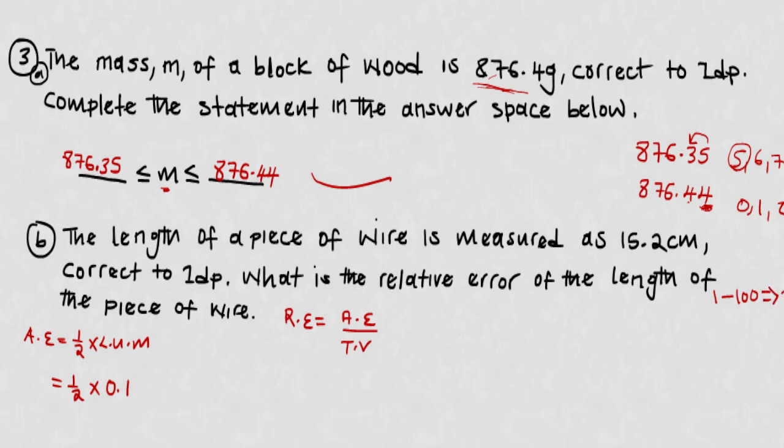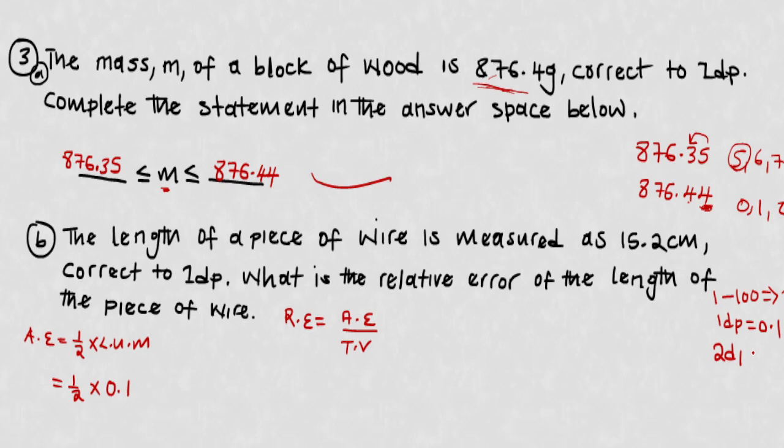A number that has one decimal place, the least unit of measurement is 0.1. A number that has two decimal places, its least unit of measurement is 0.01.